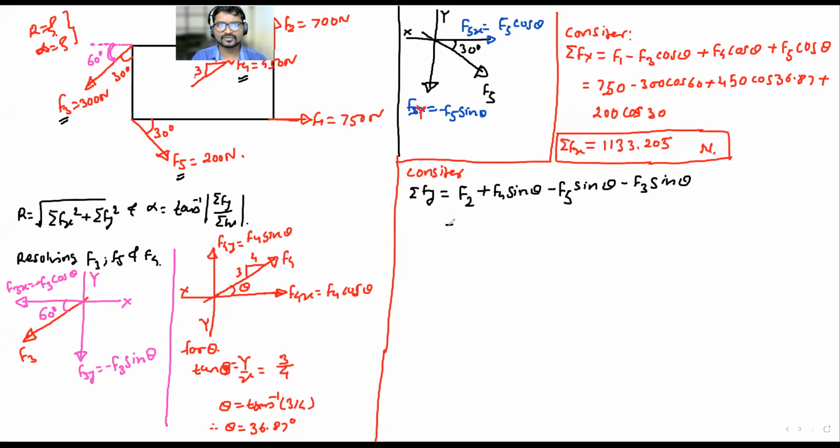That is equal to F2 which is 700, plus F4 which is 450 sine of 36.87, minus F5 which is 200 sine of 30, minus F3 which is 300 sine of 60.